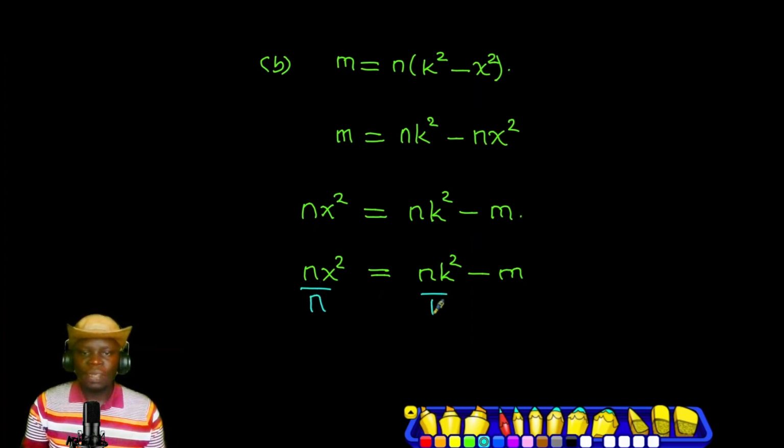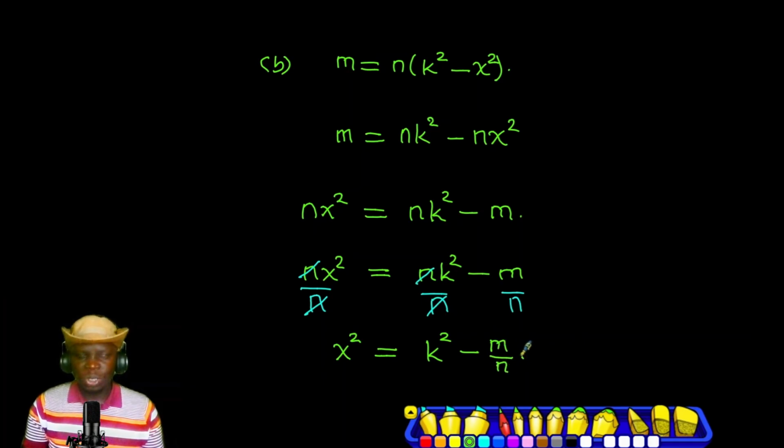I want to make this n in each individual term. So from here, our n cancels off. This one also cancels away, and we're left with only x squared equals, here we're left with k squared, and this we have this fractional m and n expression.